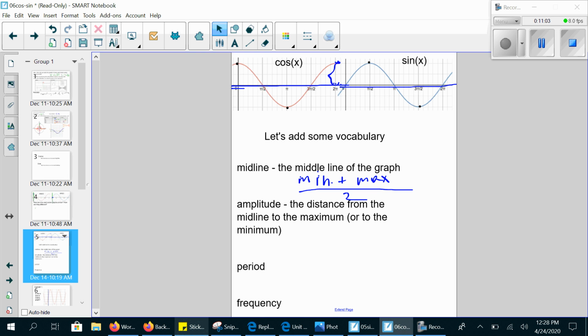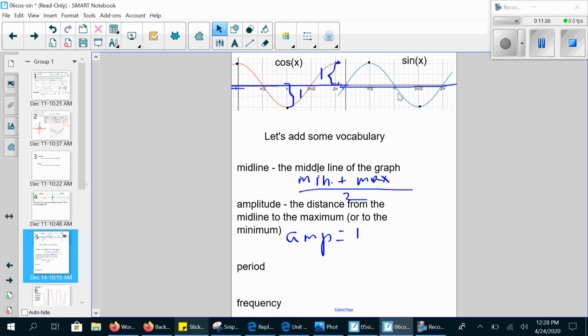So the distance from 0 to 1 is 1. Or we can measure down to the minimum, and the distance from 0 to -1 is also 1. Keep in mind that this is a measure of distance, so that means that it's a positive measure. Even though we're going from 0 to -1, the distance there is 1, and we would say that the amplitude equals 1.